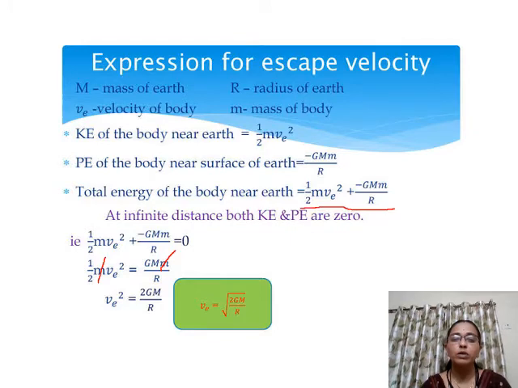To remove the square, you put Ve under the square root. So you get the expression Ve is equal to under square root 2GM upon R. That is the escape velocity of any object from any other planet or heavenly body.